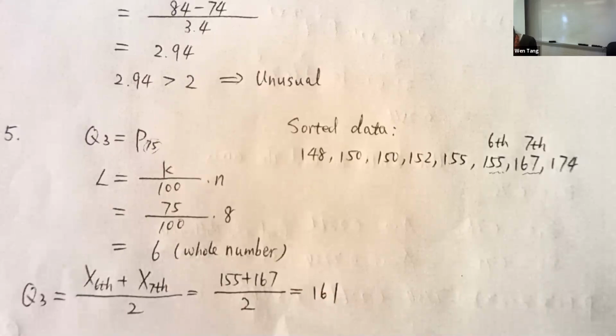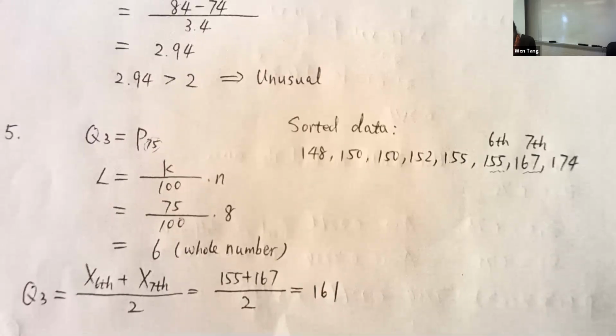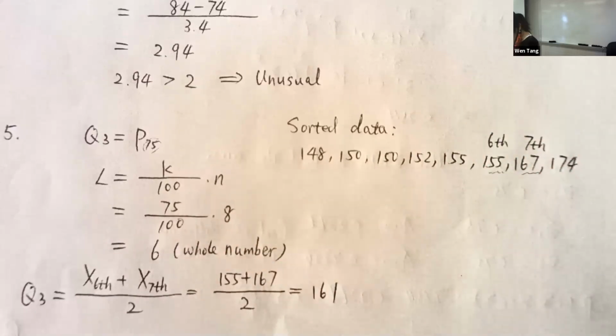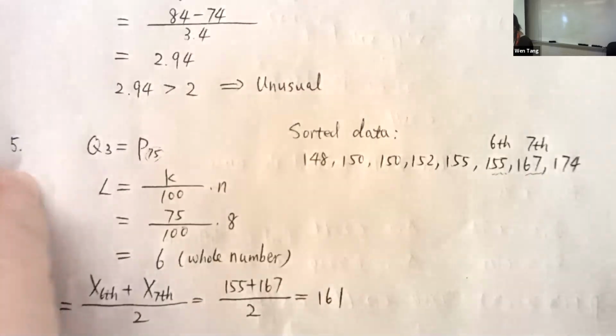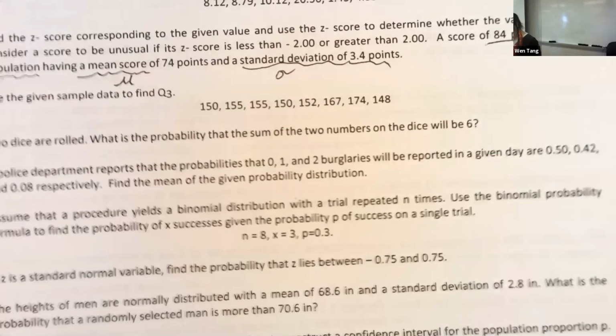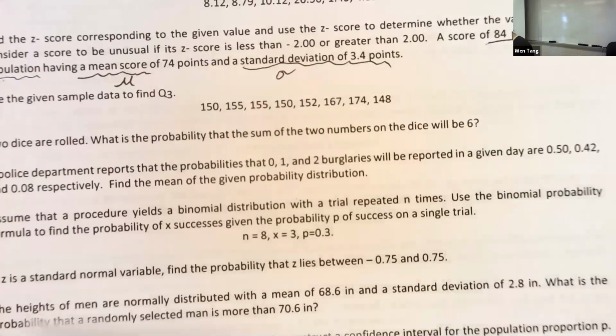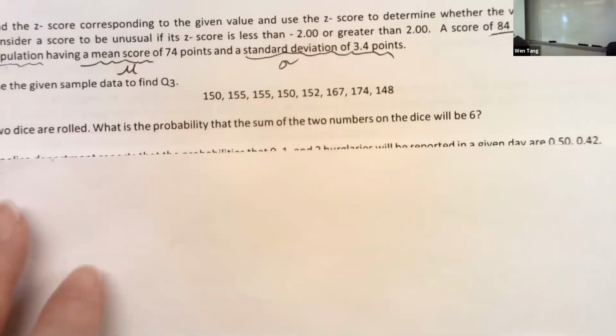So if it's 6.2, we will round up to 7. We only need to check one value. The 7th value will be our Q3. You should be very careful. If L is a whole number, you need to check 2. So this is the Q3 problem.